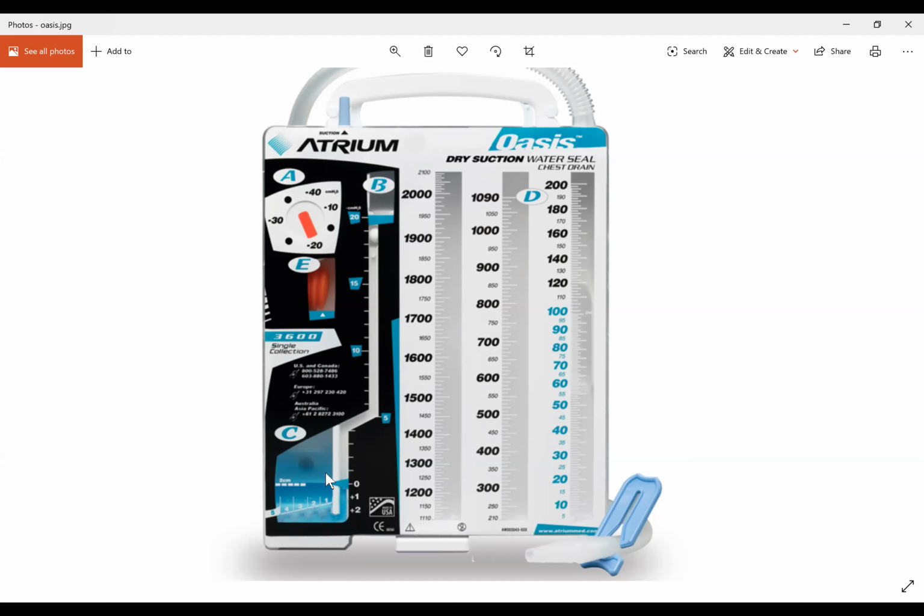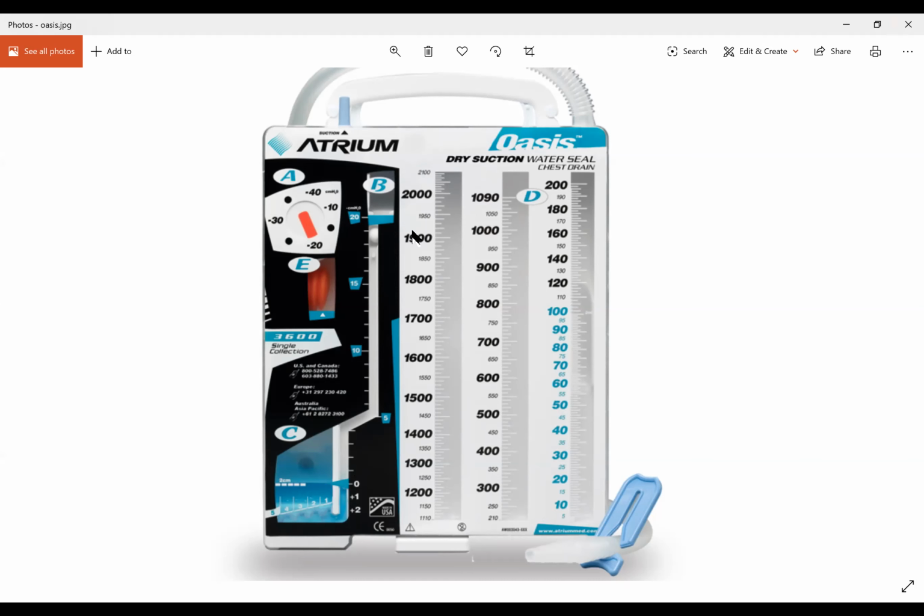The eye is the window to your loved one's soul. This one is the eye into your patient's chest. So whatever happens in the second chamber, in the water seal chamber, will be reflecting what's happening inside the patient's chest. Okay, I'll show you again later when we get to the chart.